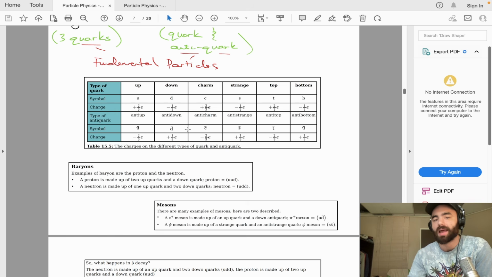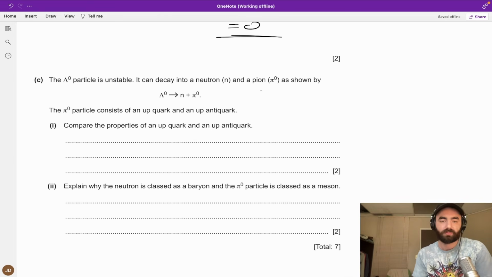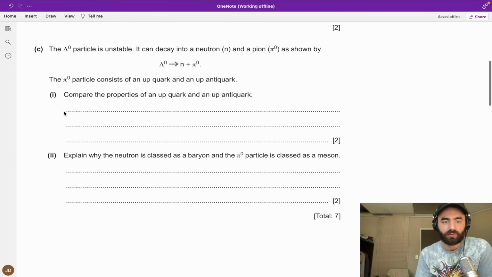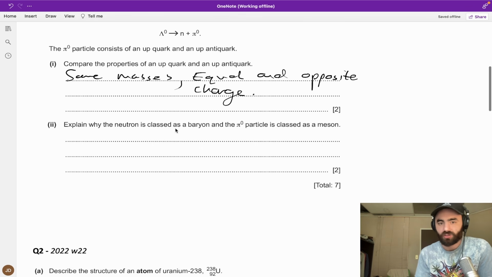They have the same mass but different charge. So we could just say the difference is they have the same mass but equal and opposite charge. There's also many other things you could say about it.